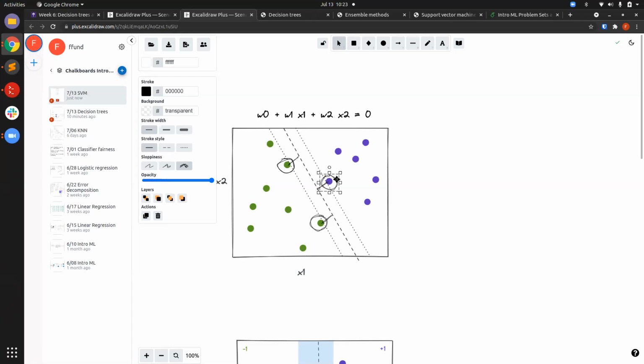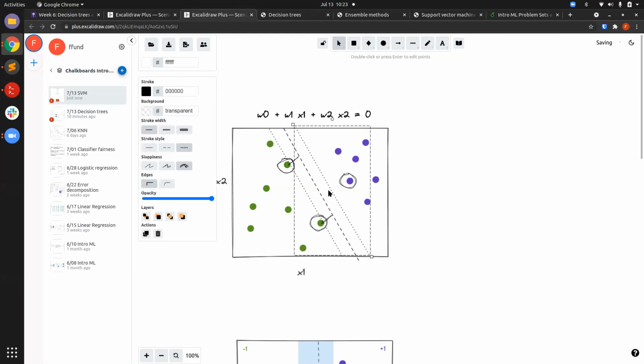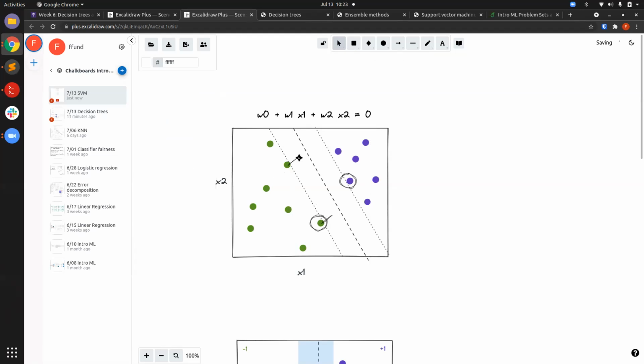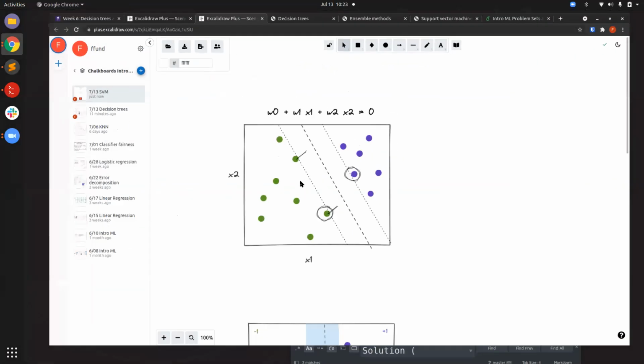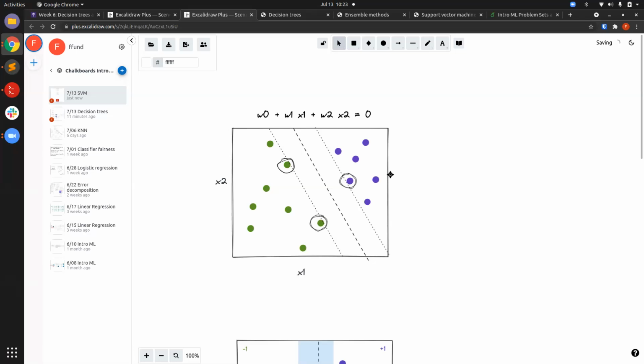But if I move a point that is a support vector, let's say this point, now I end up moving the entire hyperplane. They're called support vectors because they support the hyperplane, in the sense that the hyperplane's position depends only on those points.